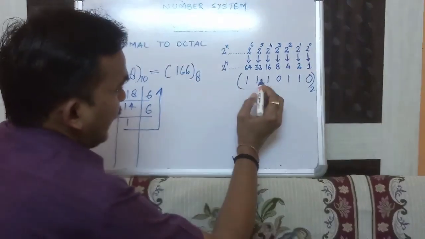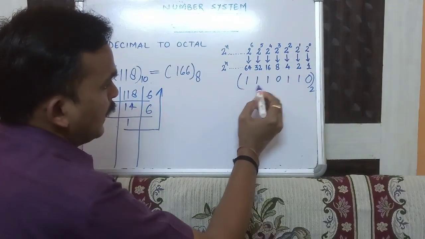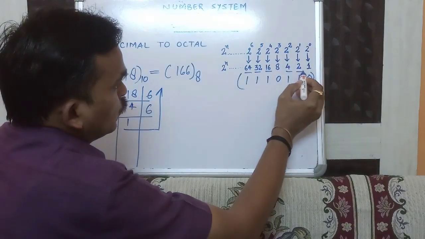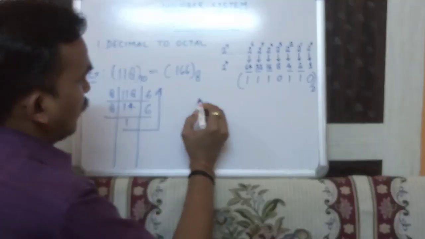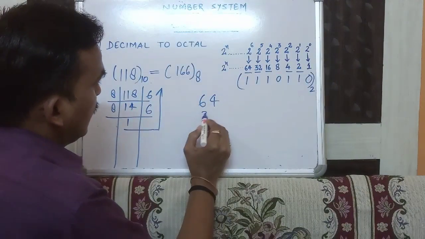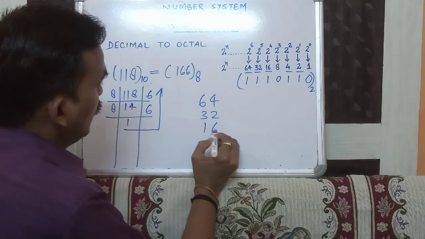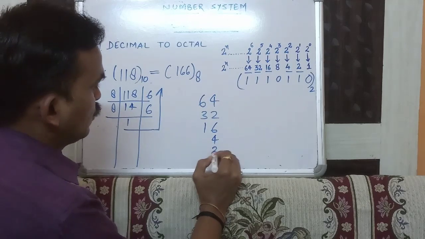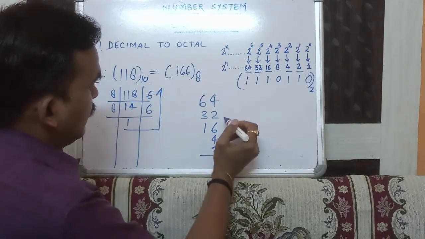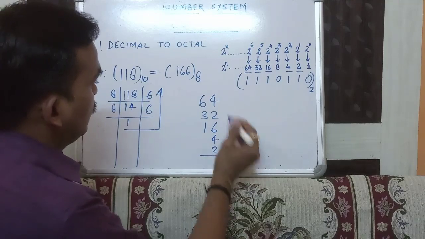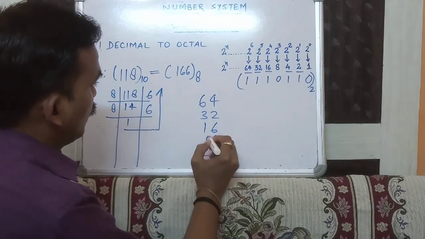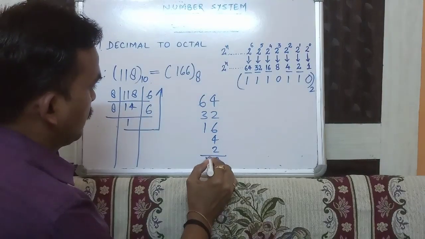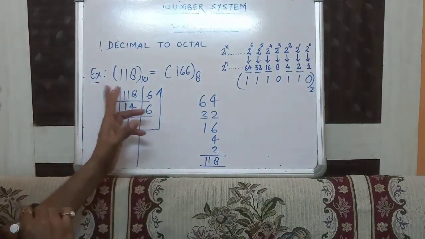If we add all these numbers which have the value 1, 64, 32, 16, 4 and 2, then we find the value 118. So the value is the same.